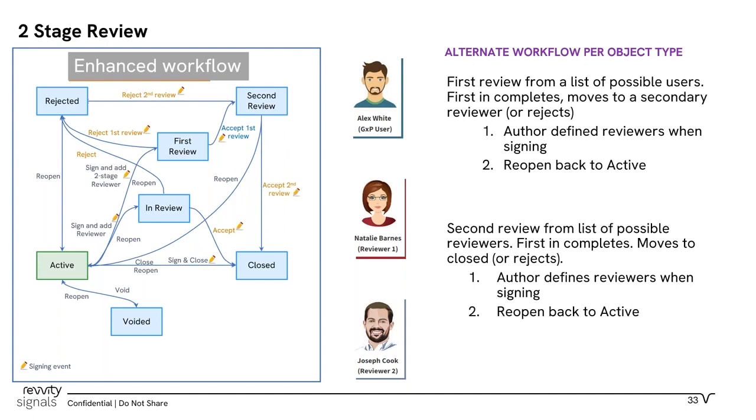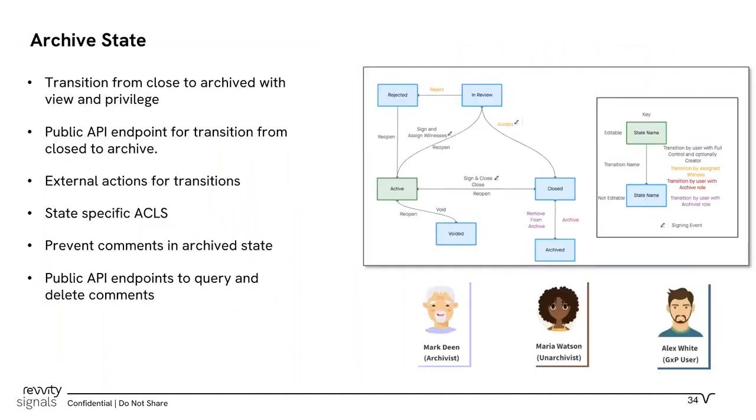Now that we've closed the experiment though, we could reopen it, right? So there's a third step which is important for GxP compliance, the archive state. The archive state brings some more colleagues into the mix, whereby we have Mark Dean, who is an archivist, and he may prefer to check experiments and see when they're after 30 days, he looks at them and archives them manually.